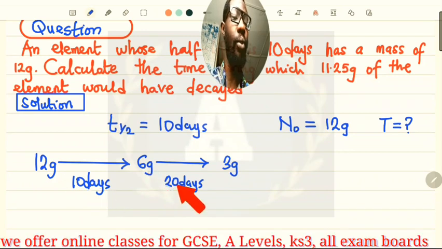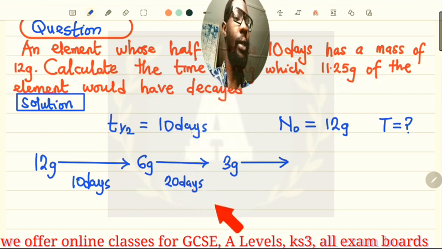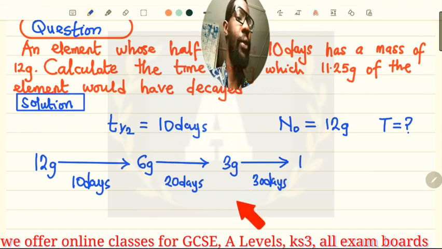10 plus 10 is 20. So now after 30 days, we add 10, which is the half-life, to this. After 30 days, 3 gram will reduce to half its value, which is 1.5 gram.